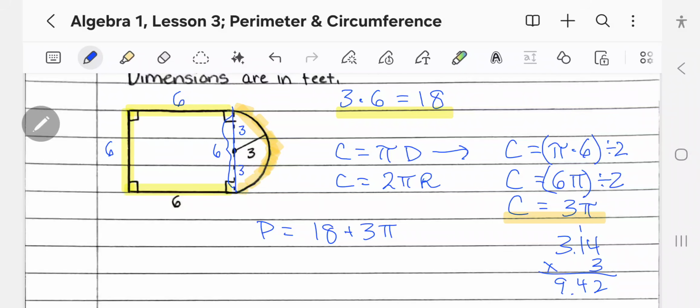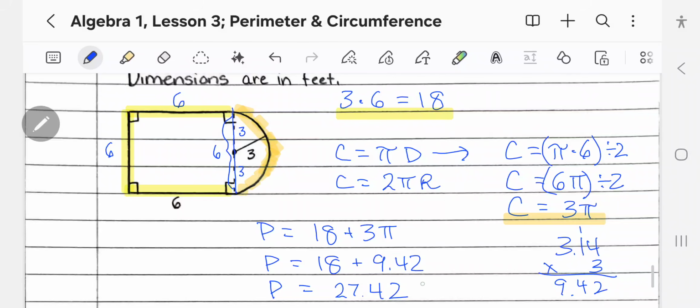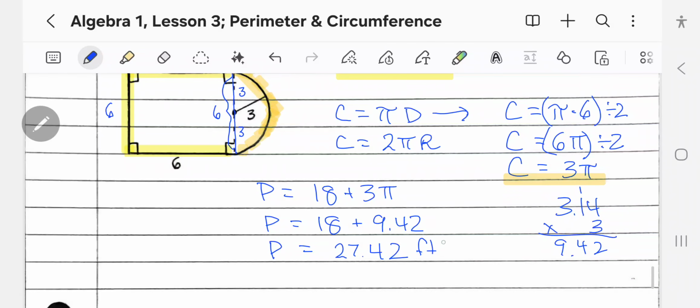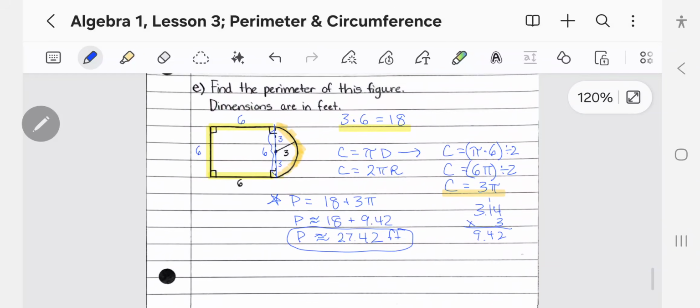So I've got 9.42, and then I can add that to my 18, and that's going to be 27.42, and we know that the units are in feet, and that is our perimeter. And again, since I rounded it, we'll change this to approximately, and this one is exact. And that, I believe, yep, that's all of the practice problems.